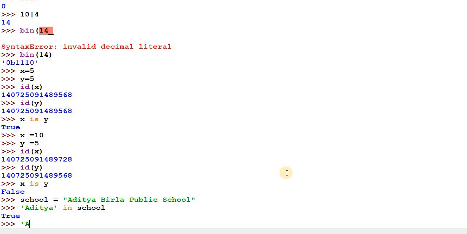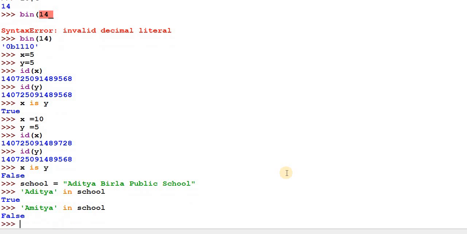Suppose a word that does not exist is checked with in school. It returns false because this word does not exist in this variable. So the in operator is called the membership operator and it checks whether the string exists in the given sequence or not. If it does, it returns true, otherwise it returns false. Suppose Vidila not in school.